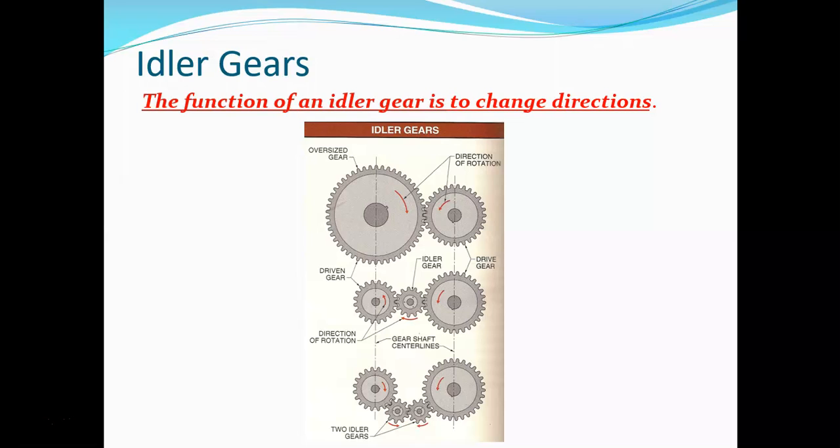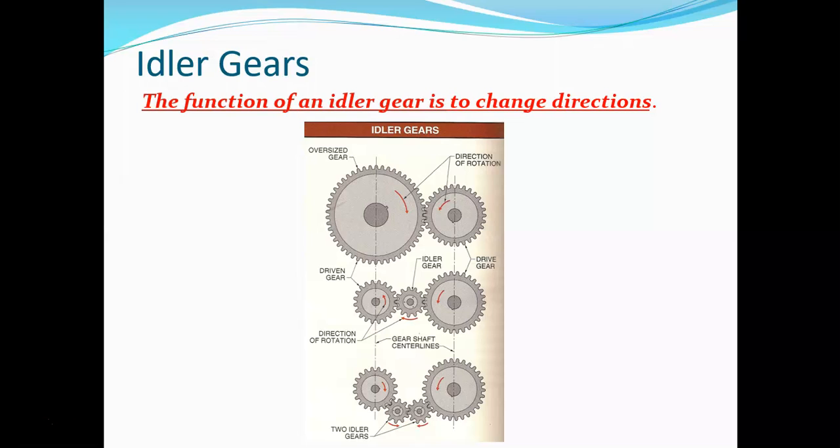Notice the setup on top. We've got a driver gear that's going counterclockwise, meshed in with another gear, and that other gear is turning clockwise. So you've got counterclockwise input and the output of your driven gear is going clockwise.